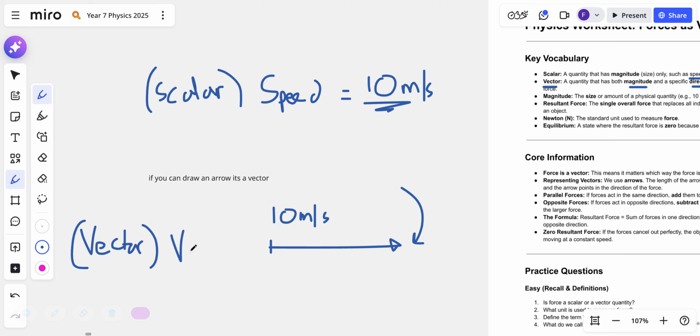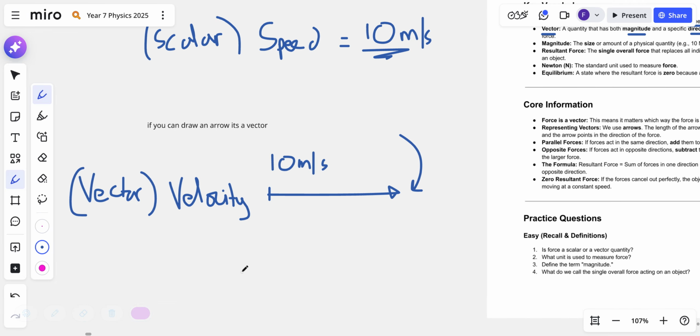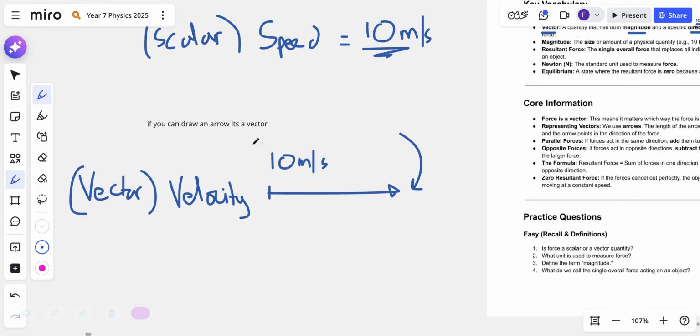So velocity, we know which direction we're going in. In this case, generally speaking, this is a positive number. If it's a positive number, you're moving to the right. If I said, dude, you know what, I have a velocity of minus 10 meters per second, I can draw that.